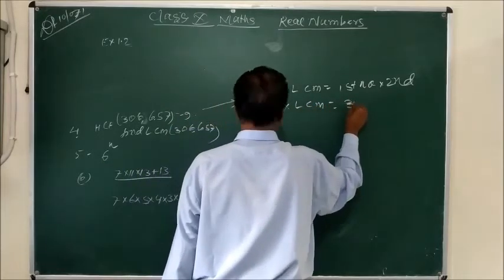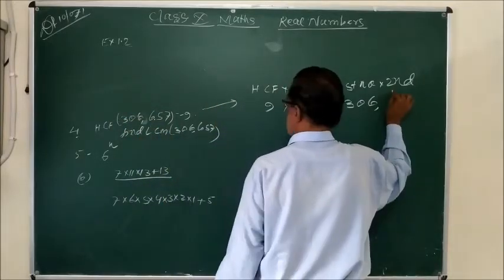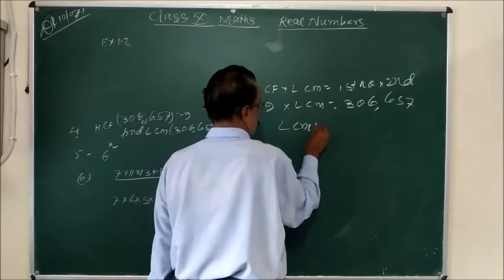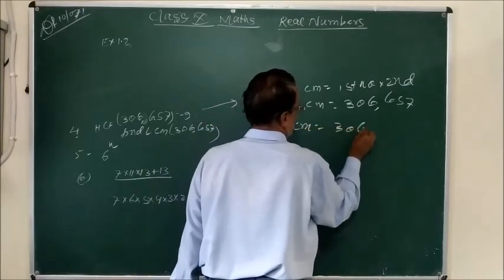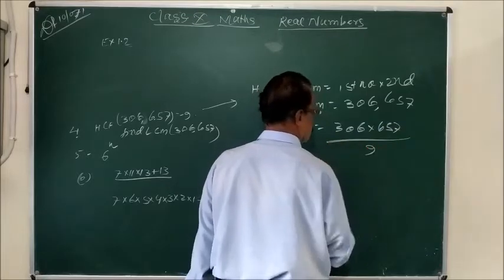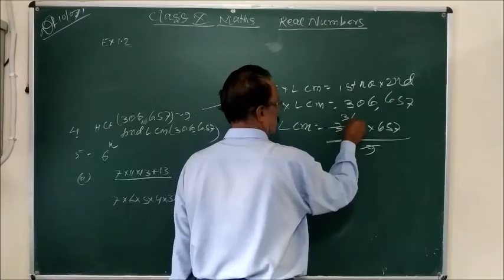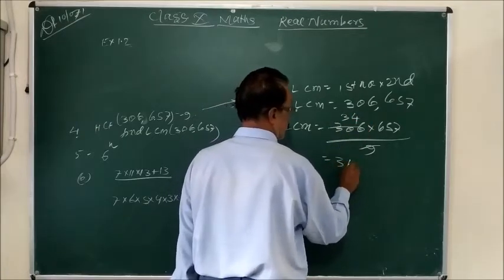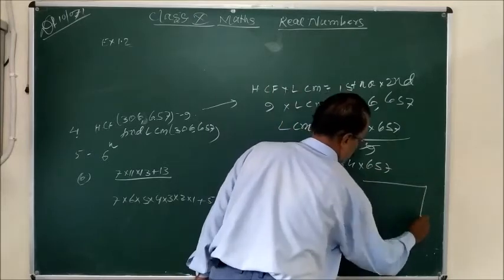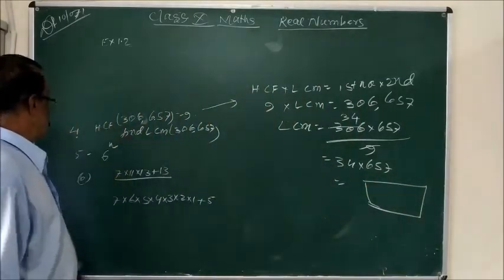The numbers are 306 and 657. Now very simple, LCM is equal to 306 into 657 upon 9. You cancel: 9 3s are 27, so 306 by 9 is 34, and you multiply 34 into 657. You will get the answer. So this is question number 4.